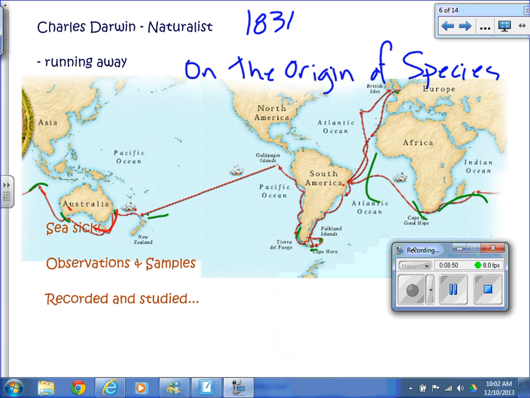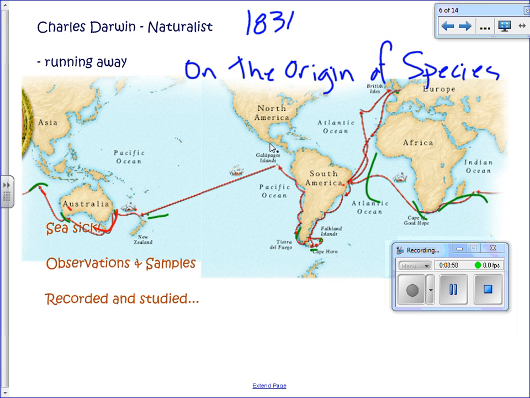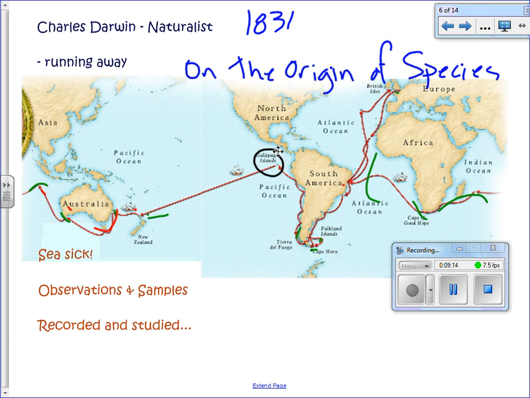Now, one of the other really kind of interesting twists of fate is that his very famous observations, of course, are from the Galapagos Islands, which are here off the coast of South America, very near the equator. They're actually part of the country of Ecuador. And while he was there, one of the reasons he spent so much time on the islands of the Galapagos is that actually he was incredibly seasick.